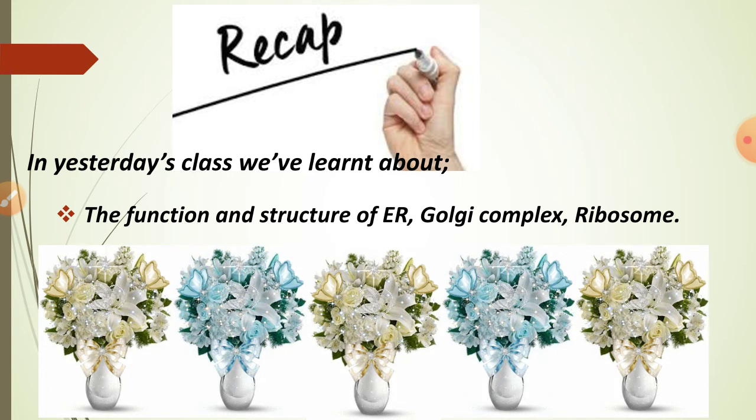Next is the structure of ribosome. Each ribosome is composed of two subunits. The larger subunit is dome shaped, the smaller subunit is ovoid shaped. The ribosome present in prokaryotes is 70S, with subunits of 50S and 30S.